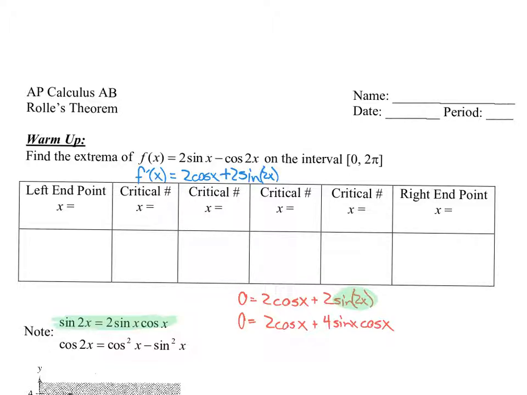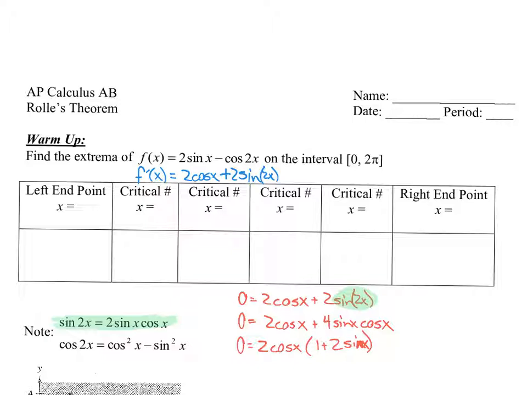Now we can solve, because all the angles are the same, we just factor out. Let's factor out the 2 cosine x, and we have a 1 plus 2 sine x. Okay?